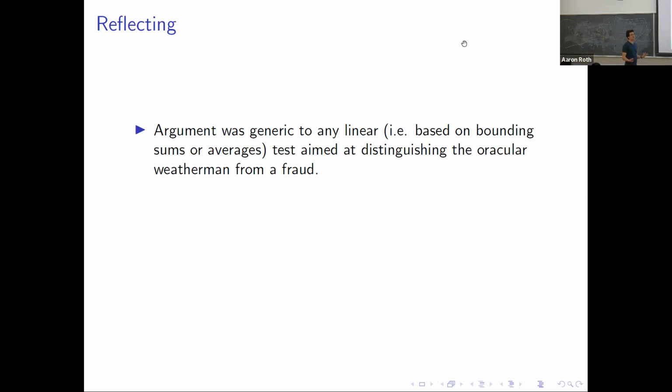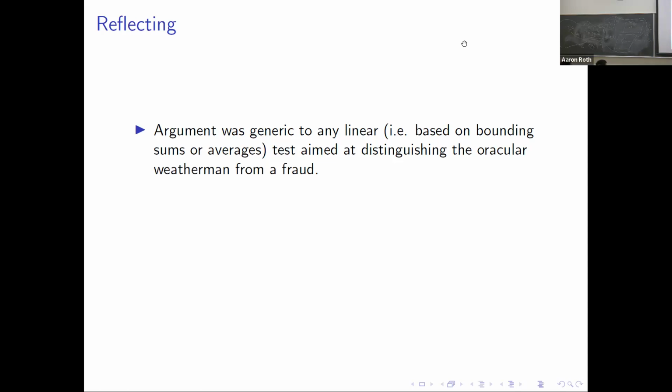Okay, the min-max argument in this game is telling us that it's possible to do as well as the oracular weatherman without actually having that oracle. So it was not specific to calibration tests. It worked for any test based on bounding sums or averages aimed at distinguishing the oracular weatherman from a fraud.